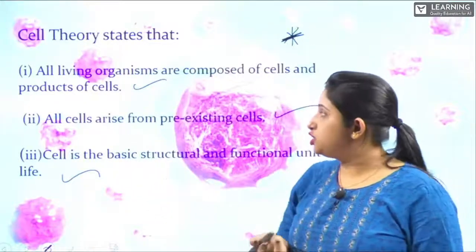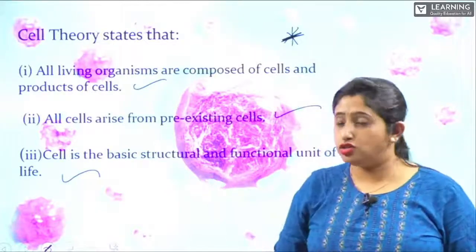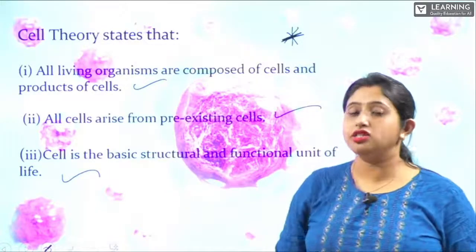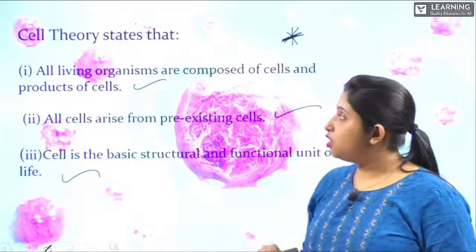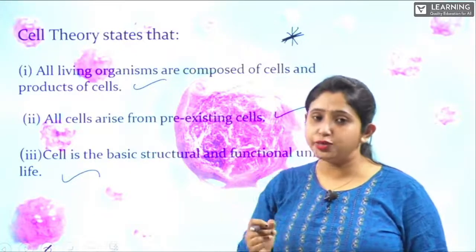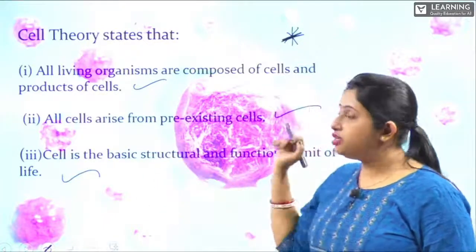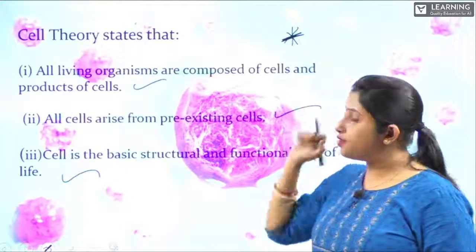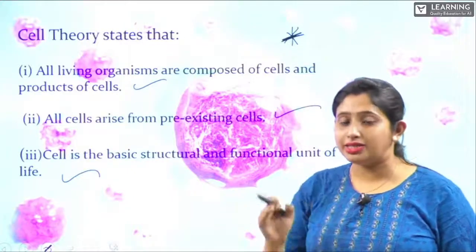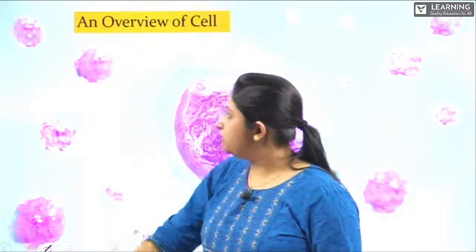Questions might come from here for 2 marks: state cell theory. So these are the 3 important points you should remember. All living organisms are made up of cells and their products, the cell is the basic structural and functional unit of life, and all cells arise from the pre-existing cell. This is the cell theory, so try to remember it.